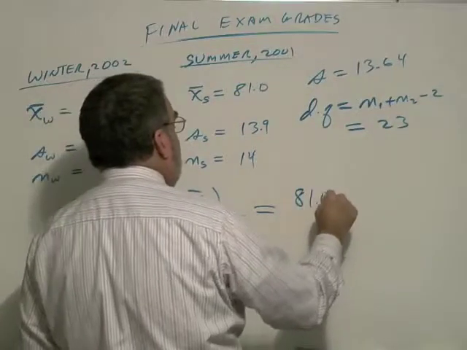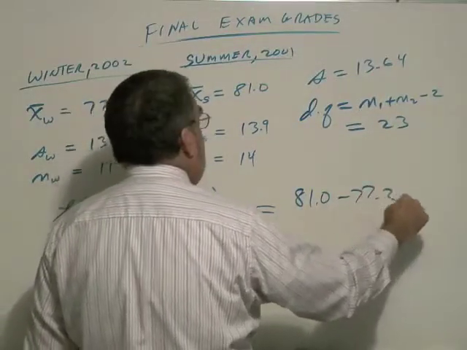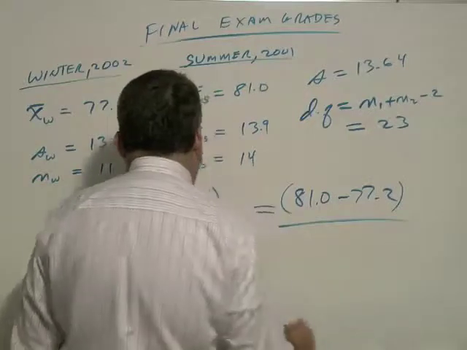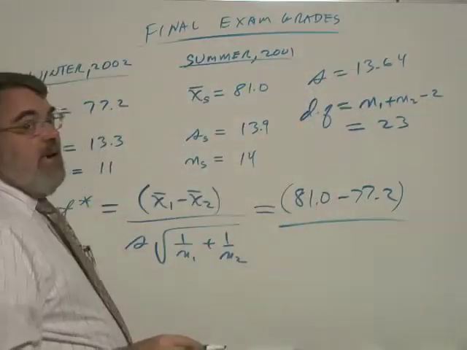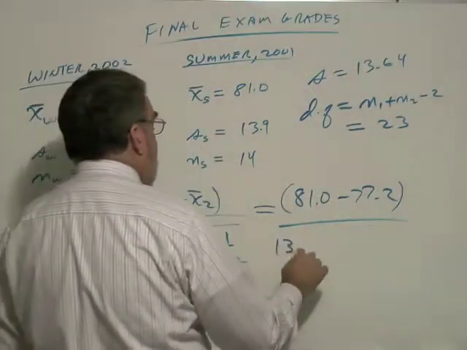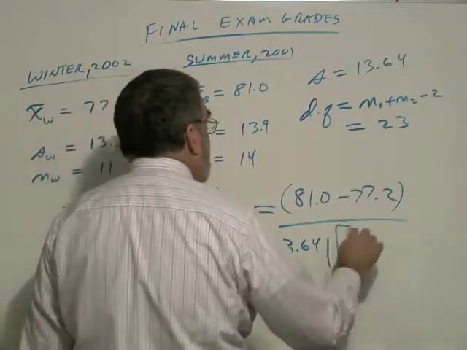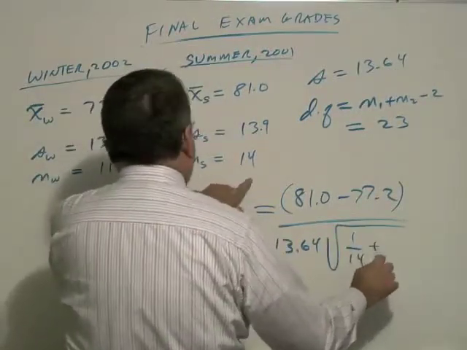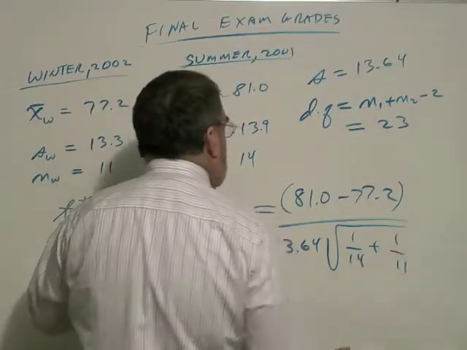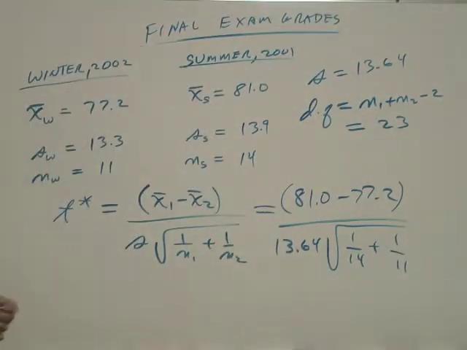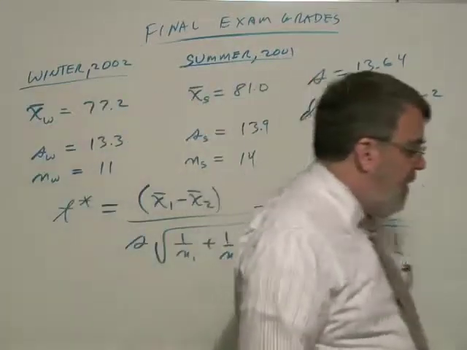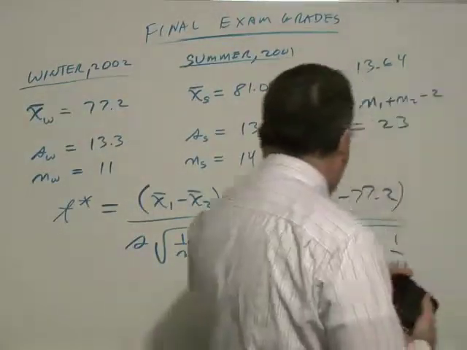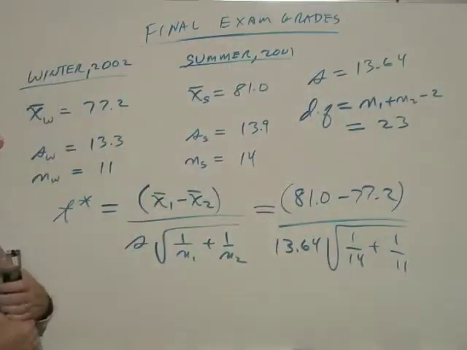So 81.0 minus 77.2, divided by my pooled estimate for s, 13.64, times the square root of 1 over 14 plus 1 over 11. So there's our calculation. And a small challenge on the calculator.